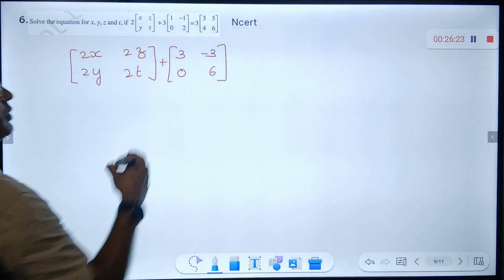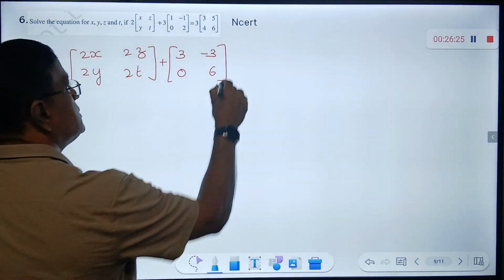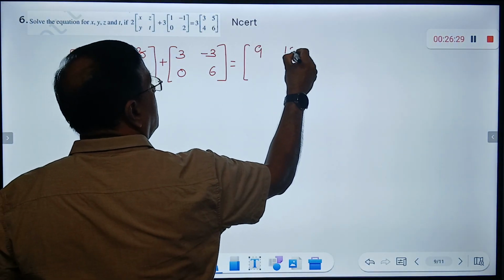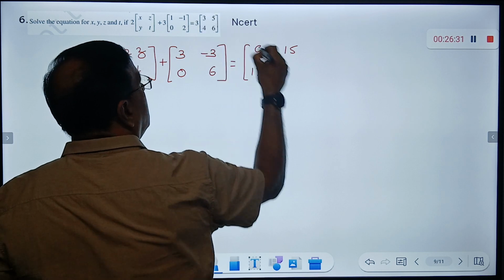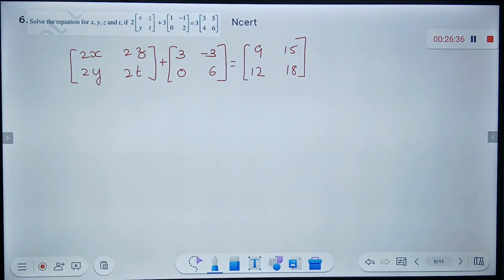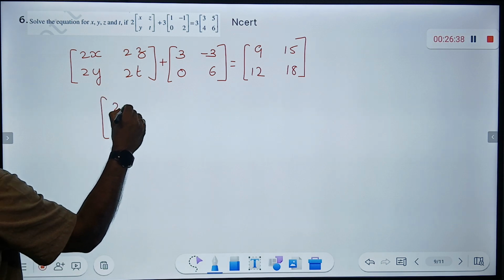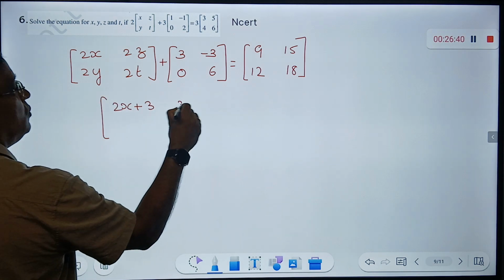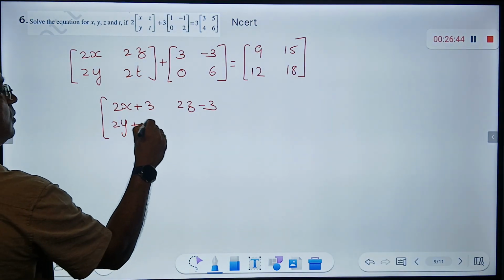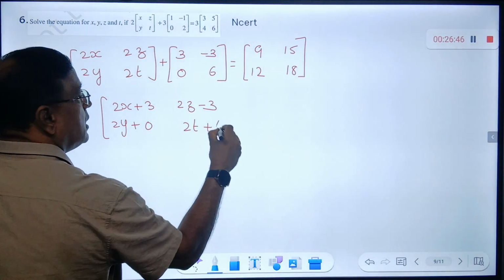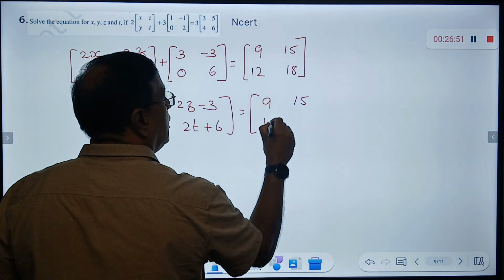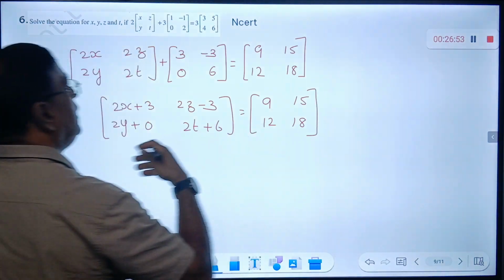I'm using the property of scalar multiplication, nothing else, is equal to 9, 15, 12 and 18. Now addition: 2x plus 3, 2z minus 3, 2y plus 0, 2t plus 6 equal to 9, 15, 12, 18.